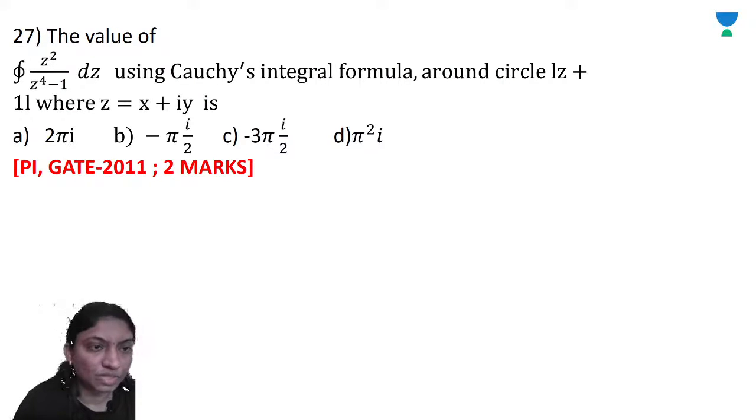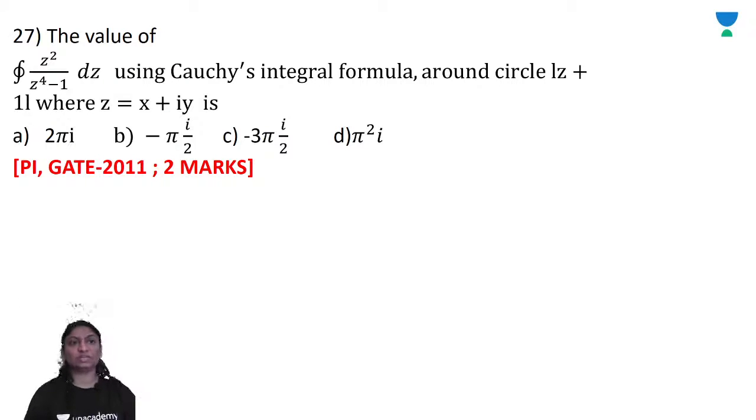The value of z square upon z raised to 4 minus 1, by using Cauchy's integral formula around the curve mod of z plus 1 is equal to 1, where z is equal to x plus iy.